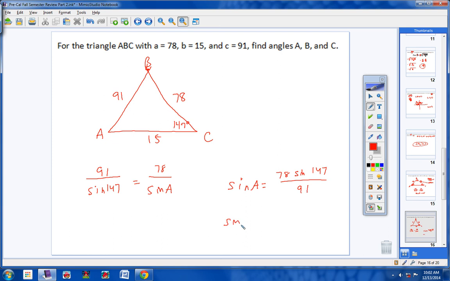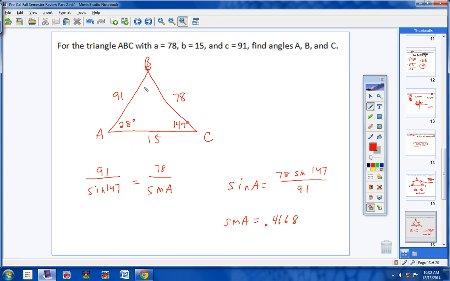So we have sine of A equals 78 sine 147, enter, divided by 91, enter. I'm getting 0.4668. So the second sine of that gives you 27.8. I'm going to put 28 degrees. And if you're close on those, on a test or a quiz, that's totally fine with me.